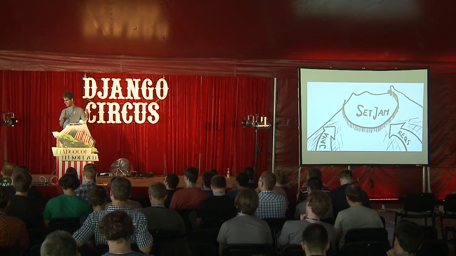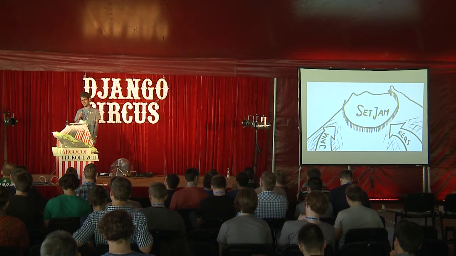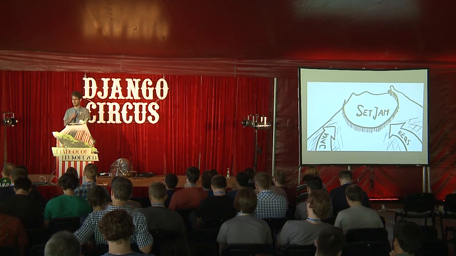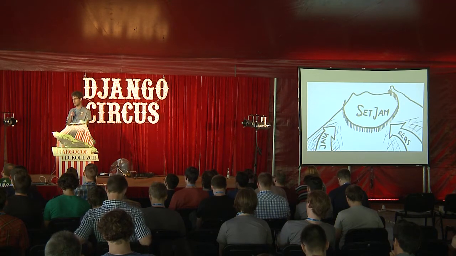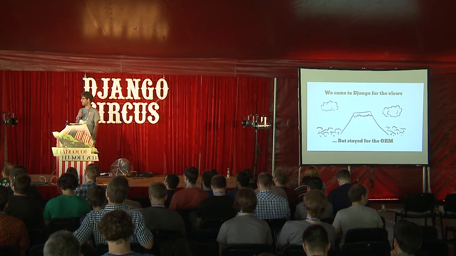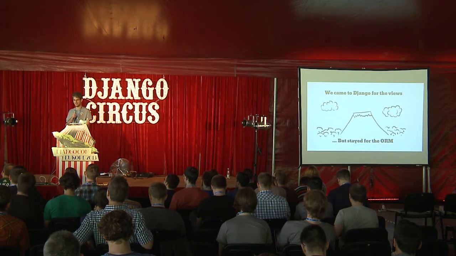We have been in 4 different companies which mainly use Java. The requirements did change, but we didn't change from Django to any other stack. Basically, we came to Django for the views, but we stayed for the ORM.